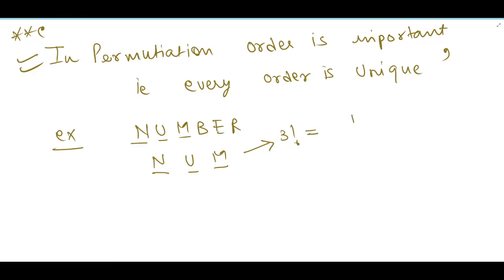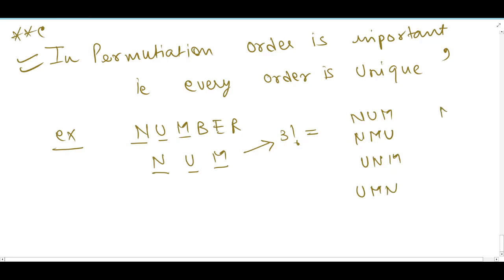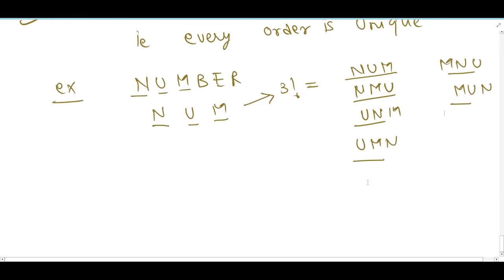That is NUM, NMU, UNM, UMN, MNU, and MUN. So these are 3 factorial ways, that is 6 ways, and each order is unique.